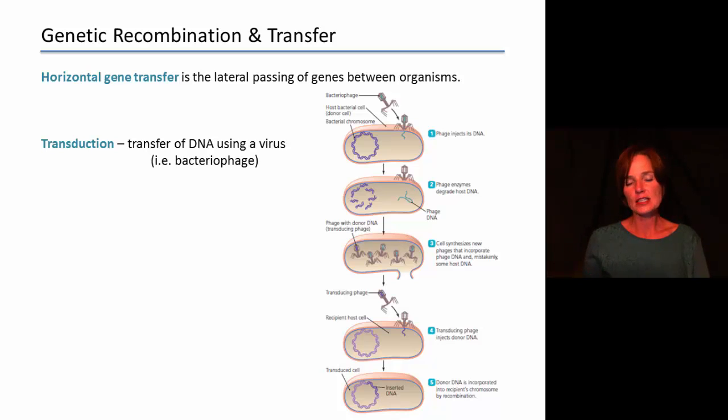Now, when that bacteriophage attacks the next cell, it injects that DNA, and it's very possible that that DNA gets incorporated into the chromosome of the new cell. So it is still bringing some new DNA in and incorporating that DNA into the chromosome, but the way that the DNA is being gathered and inserted into the new cell is through the use of a bacteriophage.